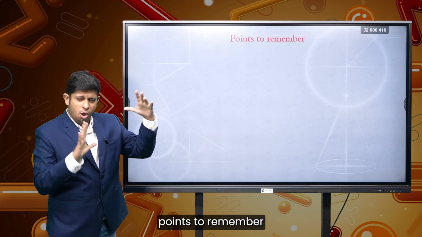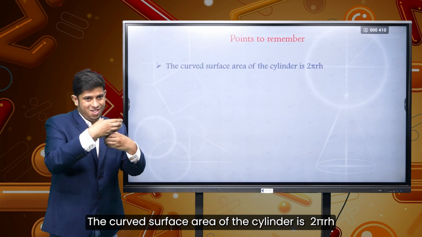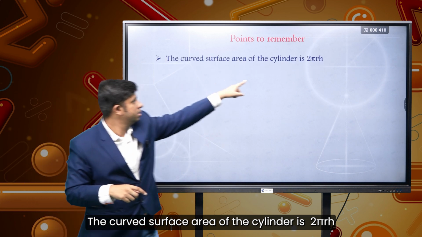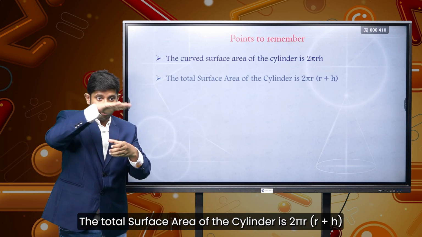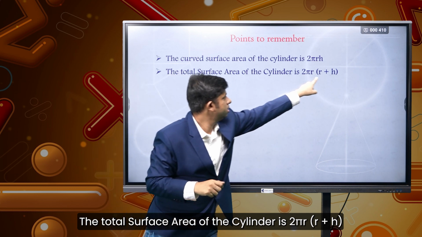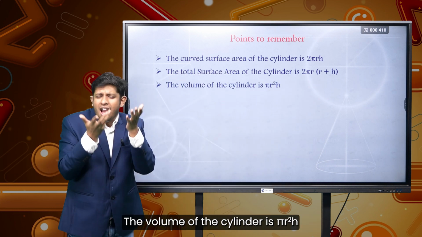Points to remember. The curved surface area of the cylinder is 2 pi r h. The total surface area of the cylinder is 2 pi r into r plus h. The volume of the cylinder is pi r square h.